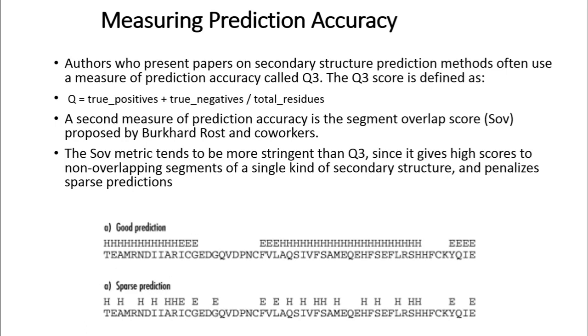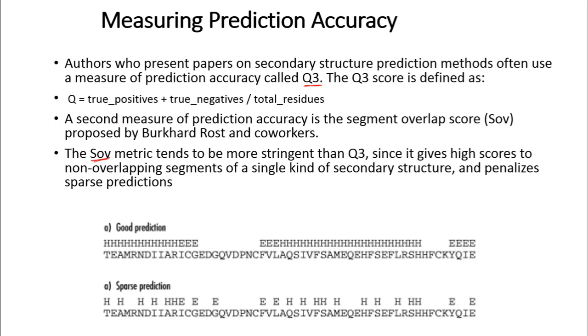The very first is called the Q3 measure, and another is called the SOV measure. In Q3, for defining the accuracy of your prediction, Q is calculated as the number of true positives plus the number of true negatives divided by the total number of residues whose prediction has been done. So the higher the Q value, the more accurate the prediction.